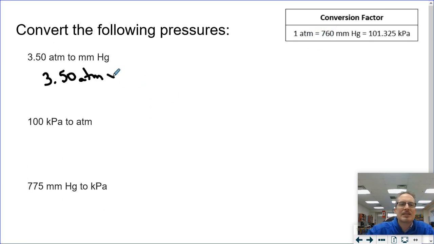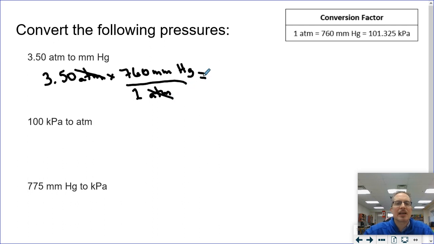So there is 760 millimeters of mercury in 1 atmosphere. So again, I set it up so that atmospheres is on top, atmospheres is on bottom. They're going to cancel out.